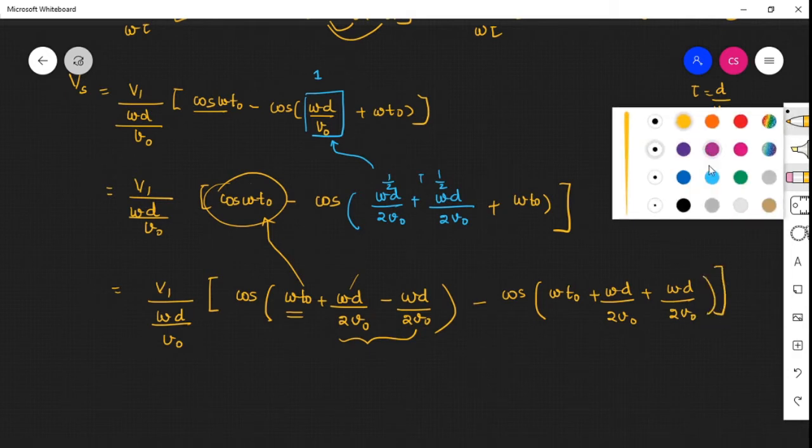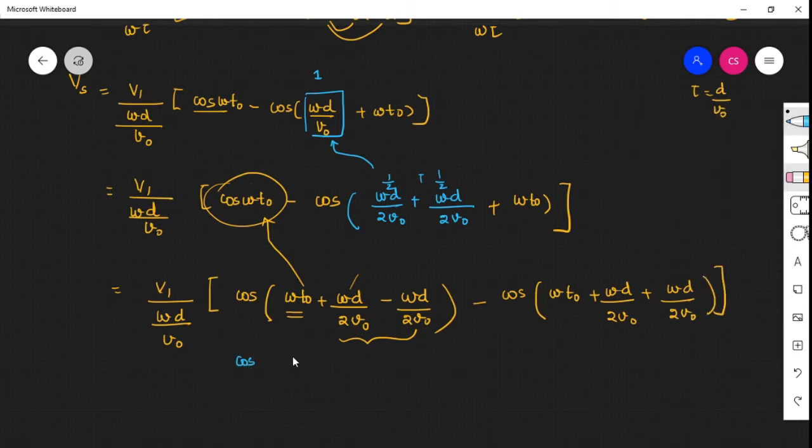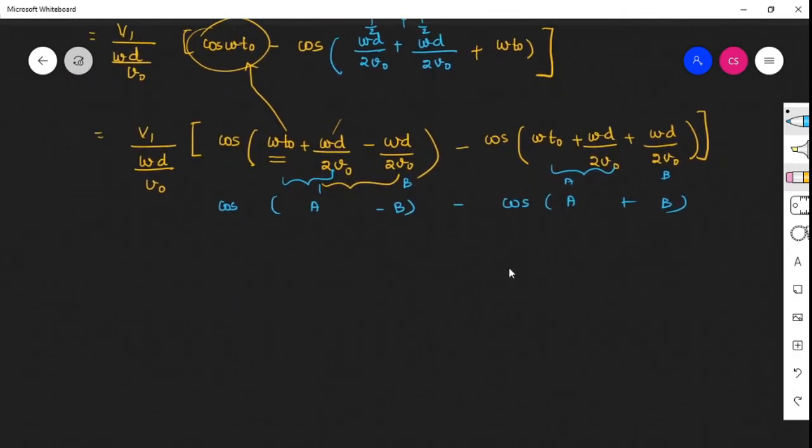Why we are doing this is to bring it to the form cos of A minus B minus cos of A plus B. This whole term is A, this is B. Again, this whole term is A and this is B. So, cos of A minus B minus cos of A plus B. The formula is 2 sin A sin B. So, the term A here is omega T naught plus omega d by 2 V naught and the term B is omega d divided by 2 V naught.